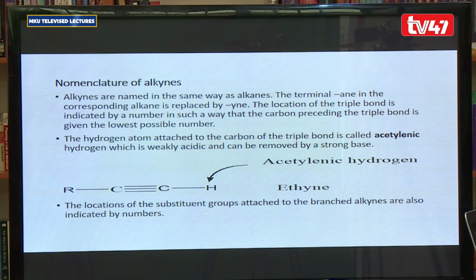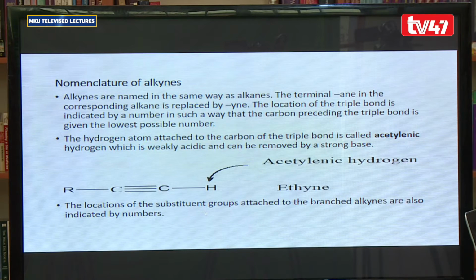And we also, where necessary, indicate the position. I note where necessary, because if the position can only be one, you need not name the position. But where the position of the triple bond can differ, then you should also indicate the position of the triple bond.